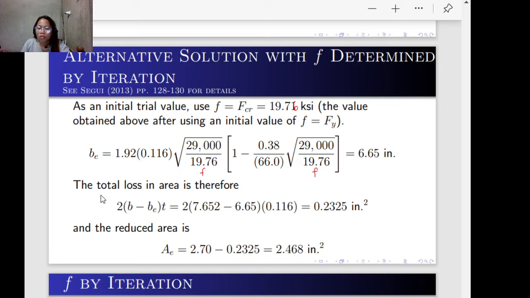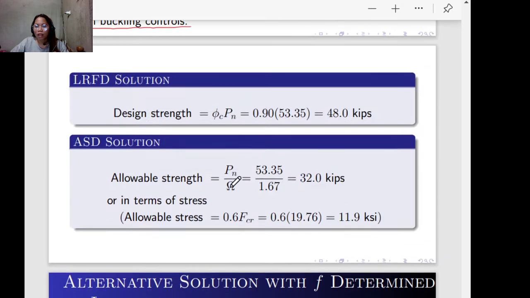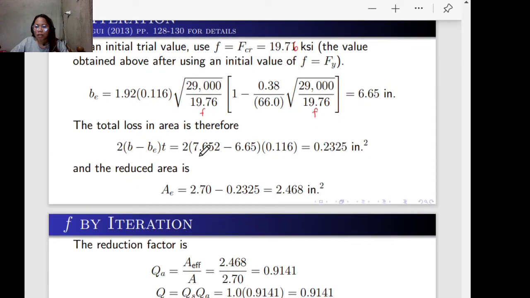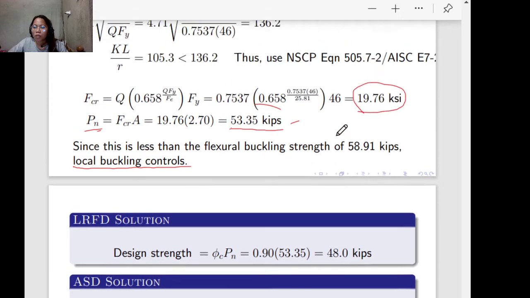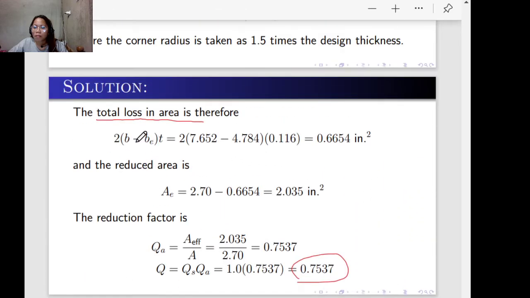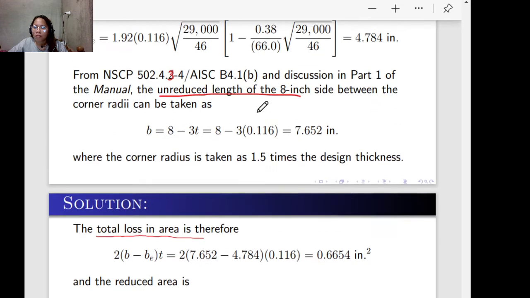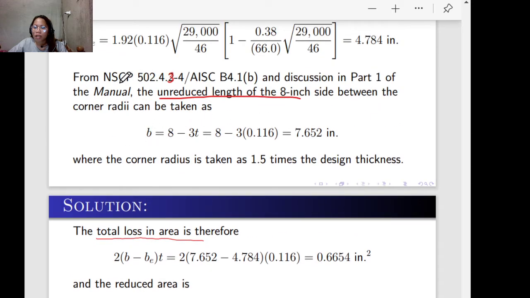The total loss in area is therefore the same calculation as before: 2 times the unreduced width minus B sub E, times the design thickness. We get this provision from NSCP 502.3-4 or AISC B4.1.